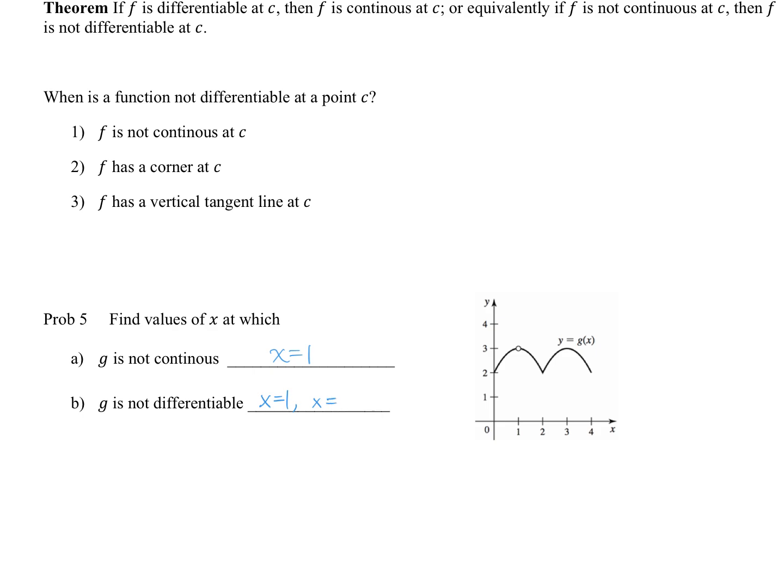And so we've seen those two scenarios. I do not see any place that there's a vertical tangent line here, so those are the 2 points where G is not differentiable. All right, that's all for this lesson.